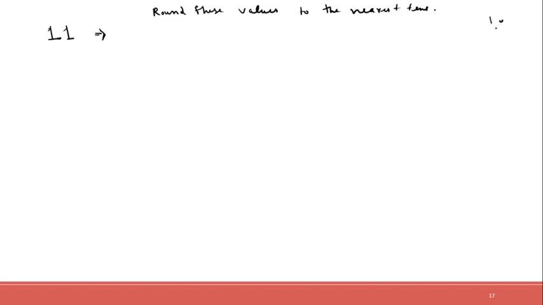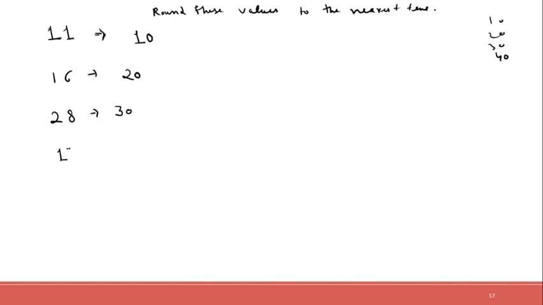That means 10, 20, 30, 40. These are tens digits, right? Up to 90. So if it is written 11 here, we will round it off to 10. If it is 16 here, we will round it off to 20. Similarly, if it is 28, we will round it off to 30, because 28 is nearer to 30 than to 20, right? 20 is far away from 28, but 30 is nearer.